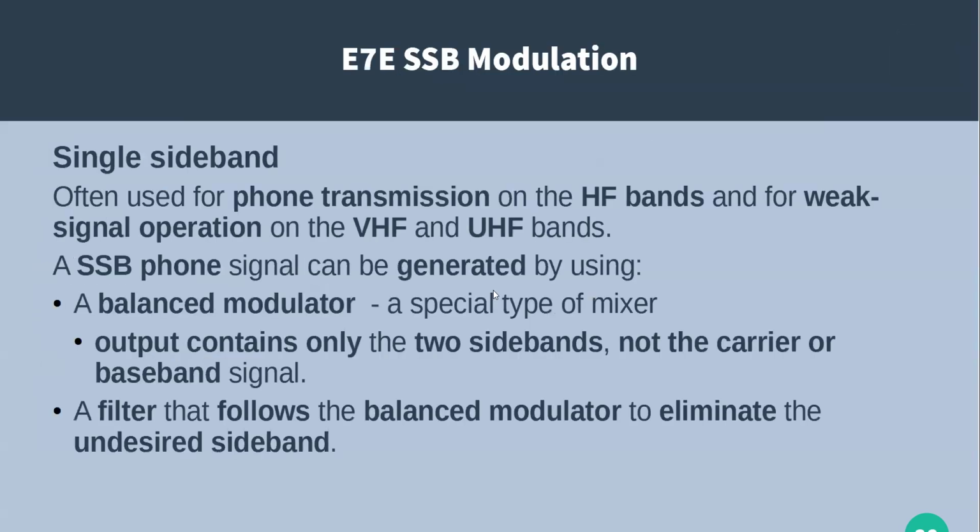Okay, single sideband is slightly different because we only want to transmit one of the sidebands. And we only want to detect that one sideband, which is harder than AM because you don't have a carrier frequency as a reference.